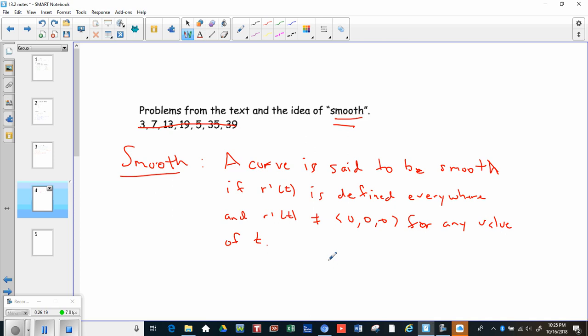So a curve is said to be smooth if r prime is defined everywhere, so we don't have any undefined values of r prime anywhere, and r prime of t cannot be made the zero vector for any value of t. So if I can plug some value of t into my r prime and I get 0, 0, 0, it is not considered a smooth curve. And hopefully that makes some sense. That this r prime, remember this is the tangent vector. If I get a tangent vector that has no vector to it, then it's not really a tangent vector.